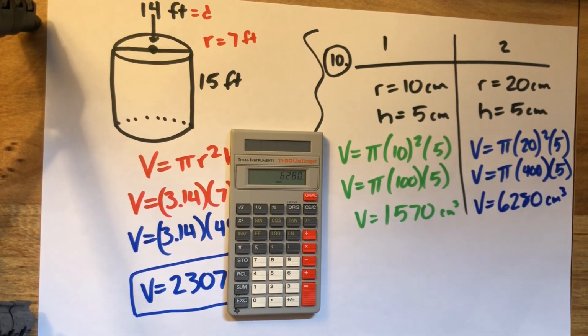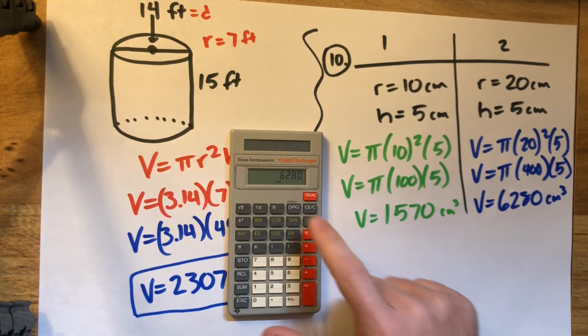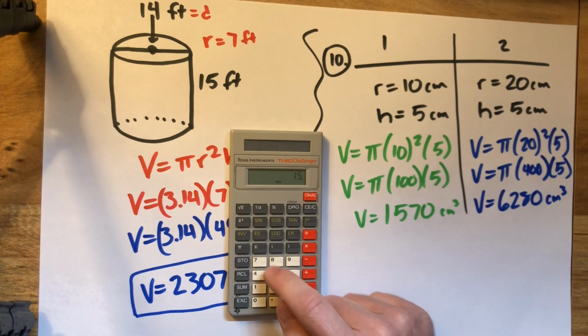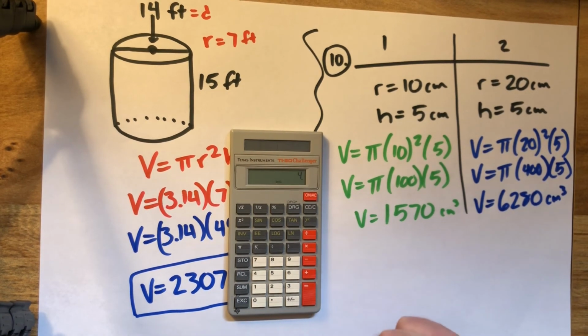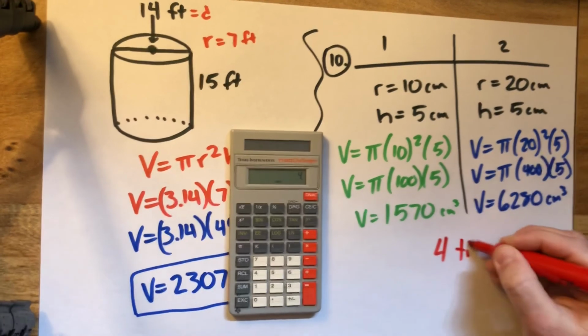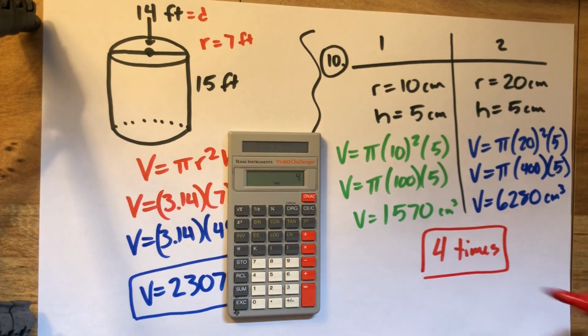Now to find out how many times larger one is than the other, if we take that 6,280 and divide it by 1,570, we will have our answer. And look at that, 4 times larger. So the larger one is 4 times the smaller one, 4 times larger. And that's going to be our answer there.